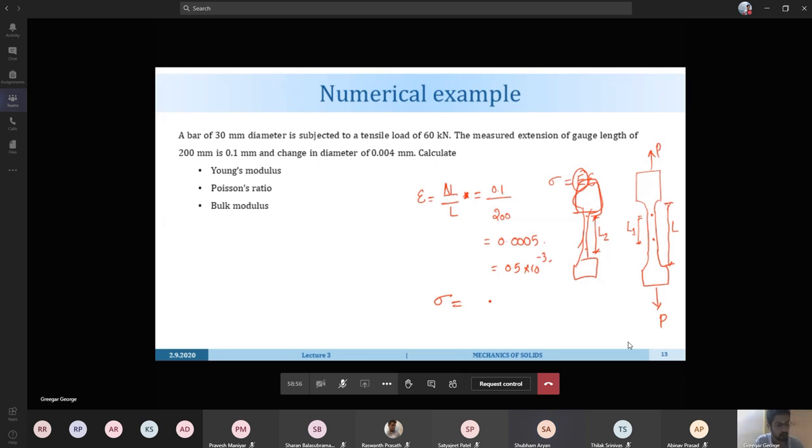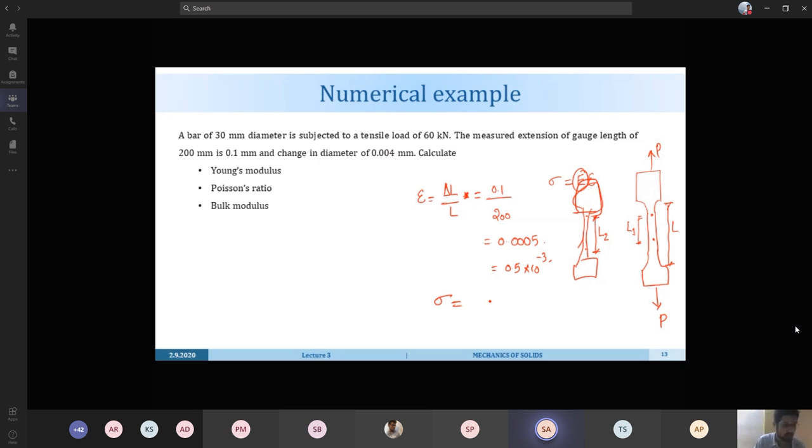Can you tell me the units also? 0.084 kilonewton per millimeter square. Okay, fine. So it is nothing but P by A, and the load is coming. It will be 84.8, right? Yes, sir.